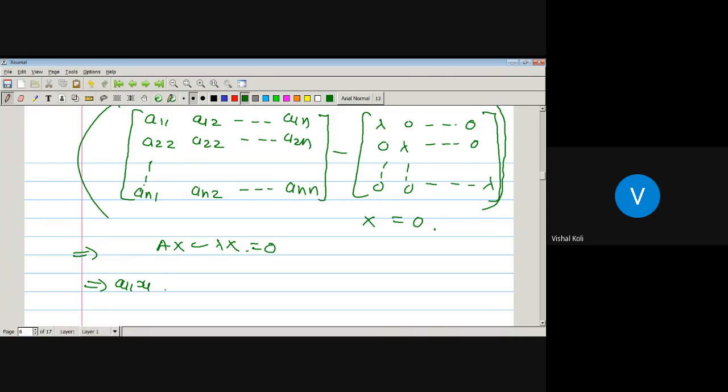a11 x1 plus a12. First we will find out its difference.